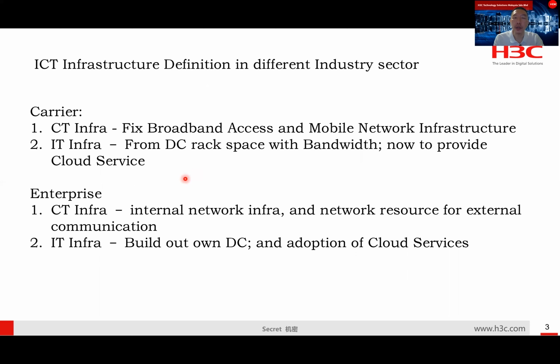And right now, for the carrier, in terms of their IT infra, they have changed to provide cloud services to their customers. For the enterprise, when they try to build their ICT infra, normally the CT infra will be their internal network infra, their network resources, or the network for external communications.